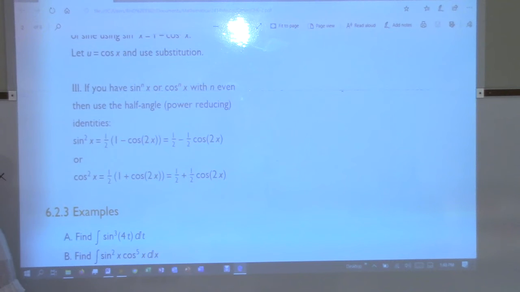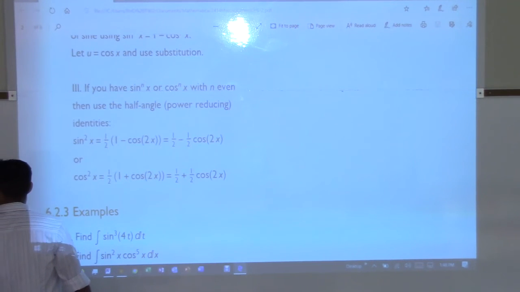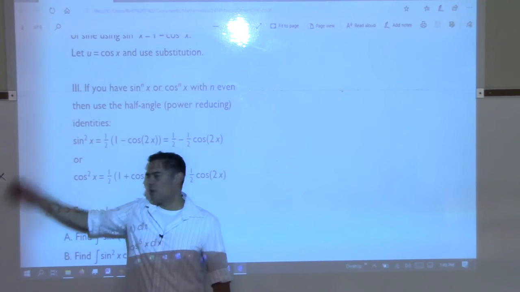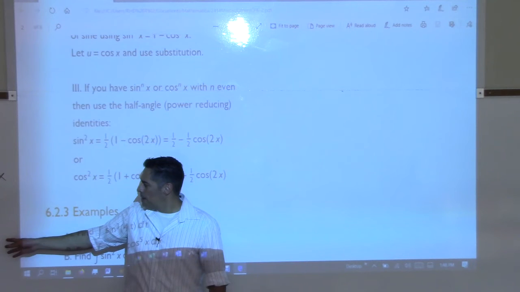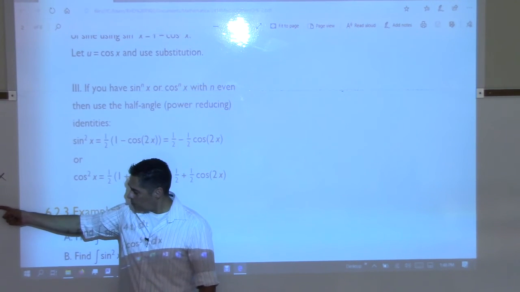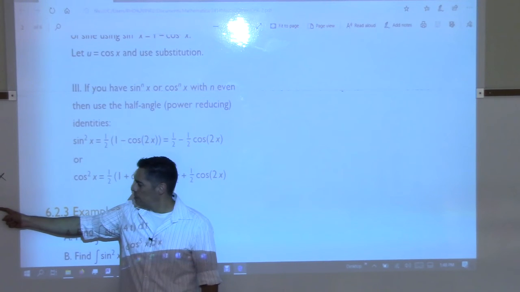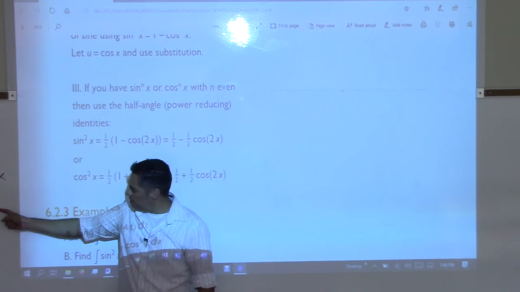And then cosine squared x equals 1 plus cosine 2x over 2. Those are all from pre-cal, but these two sometimes don't appear on formula sheets. That's why I give them to you on that one sheet.